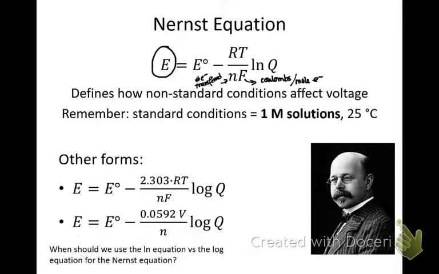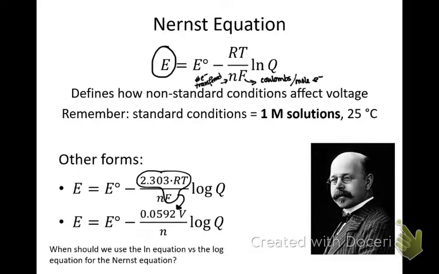Because R and F are constants, and here we have the natural log of Q, the first thing we can do is use this 2.303 to convert the natural log to base 10 log. And then since R and F are constants, and because most of our chemistry we're often doing at room temperature, 25 degrees C, we can combine all of that, and we find out that it is 0.0592 volts.